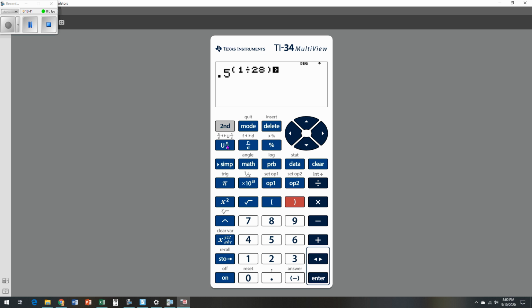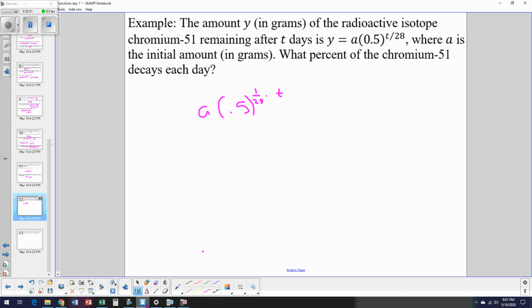I could have used my fraction button, 1 over 28, if I wanted to. It gives me my decimal. So this is really what's inside those parentheses. And what I would want to do is 1 minus that value. So I'm going to hit second answer and get 0.02445.